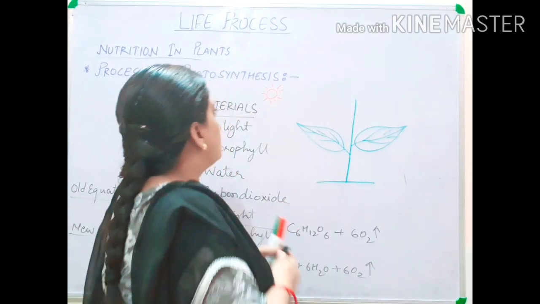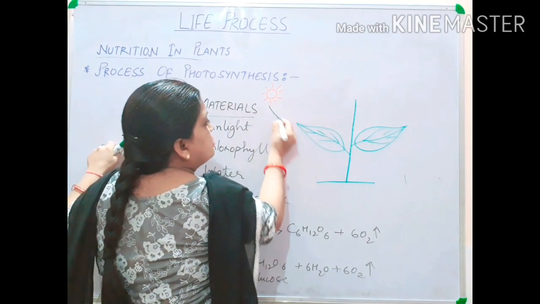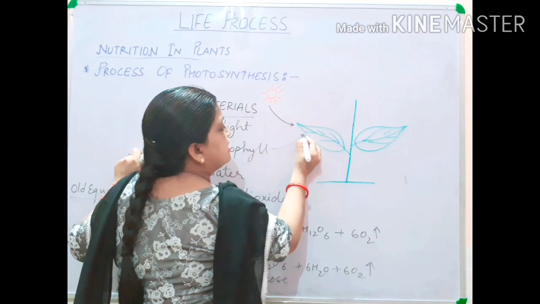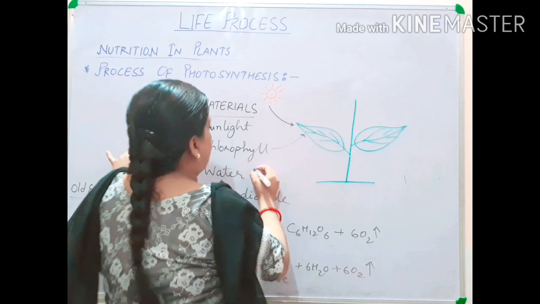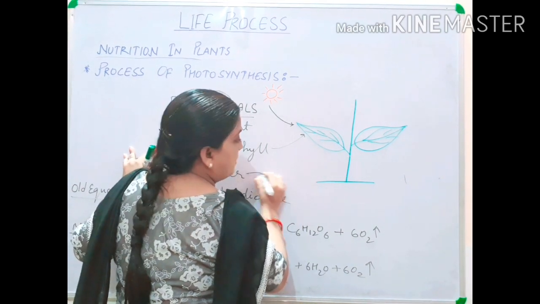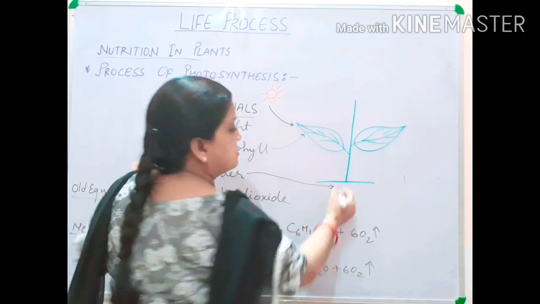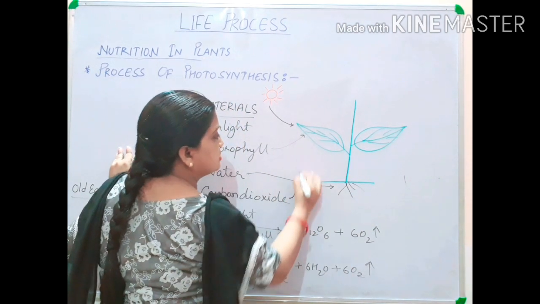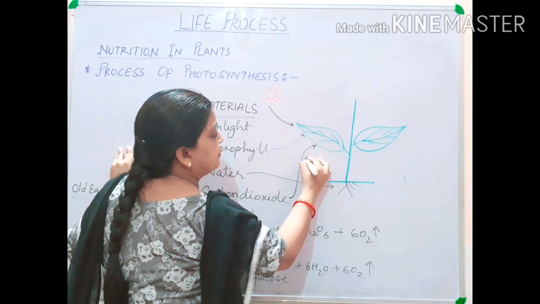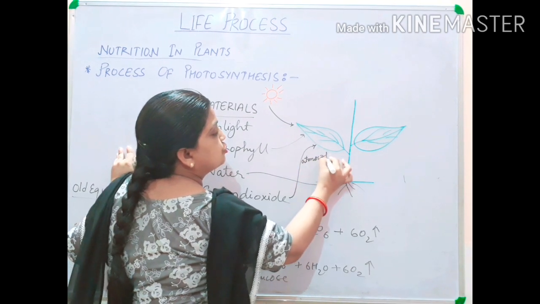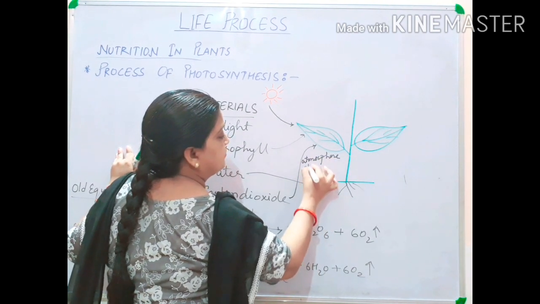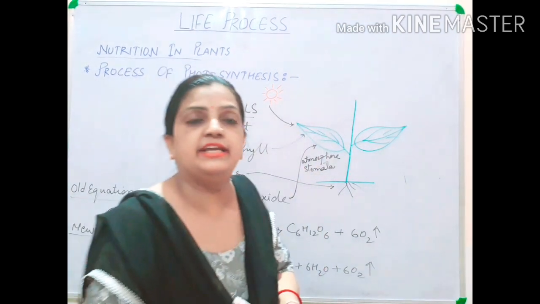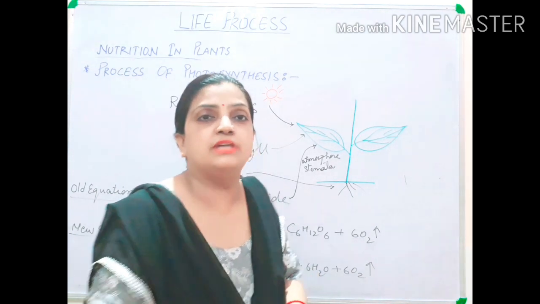So children, sunlight is obtained from the sun. Chlorophyll is present in the leaf itself. Water is obtained by the roots of the plants. And carbon dioxide is obtained from the atmosphere through stomata in green parts of the leaves or in green parts of the plants.